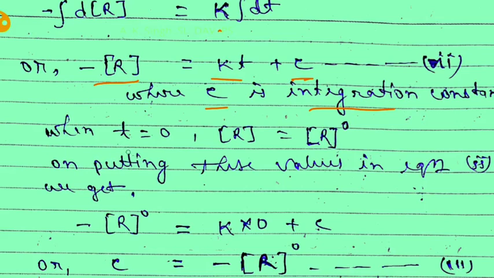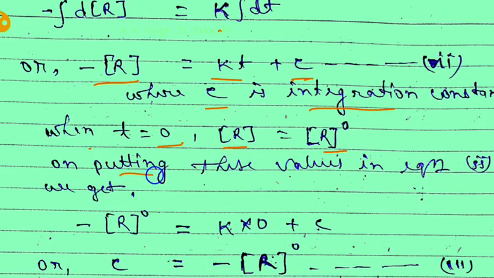When t is equal to 0, then the concentration of R will be equal to [R]0, the concentration at the initial state. Why is it written here? To determine the value of C, meaning the integration constant.